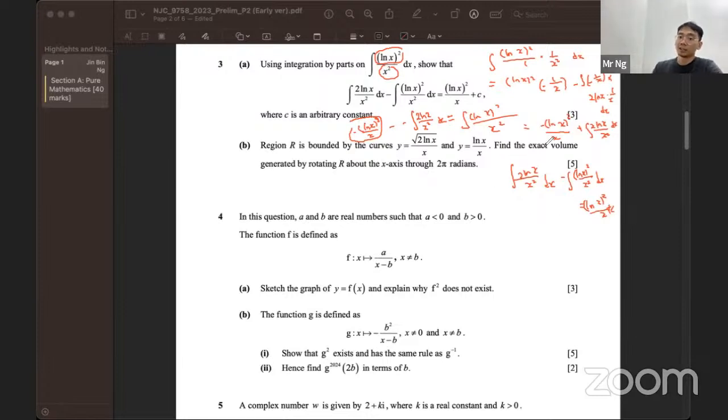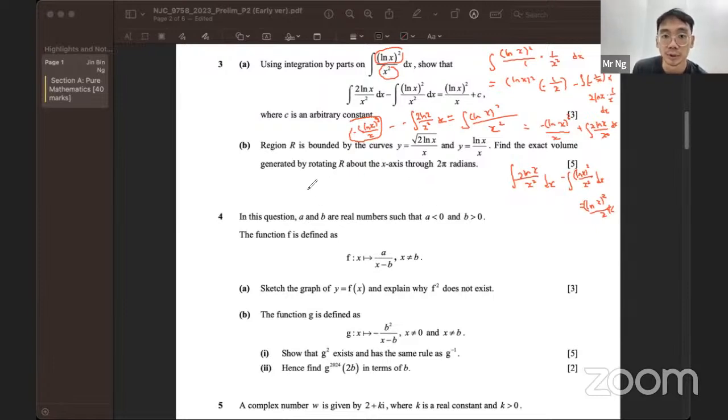Realize that writing this without plus C is correct because the plus C might still hide inside the integration. But when it's here, we need to write plus C, right? Because here we integrate, so here should have a constant. Okay, so with that, we are done with 3A.